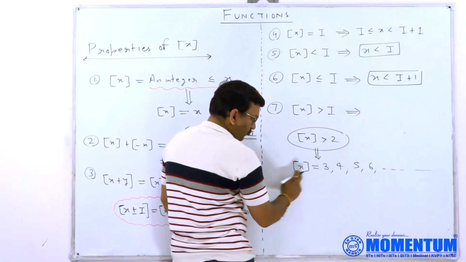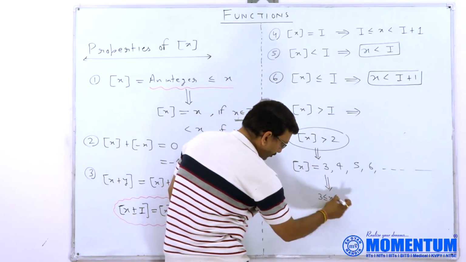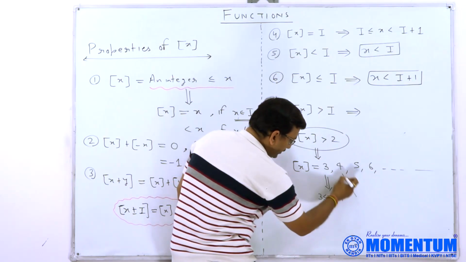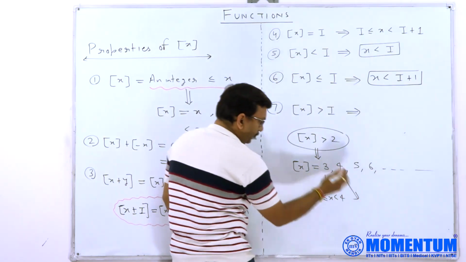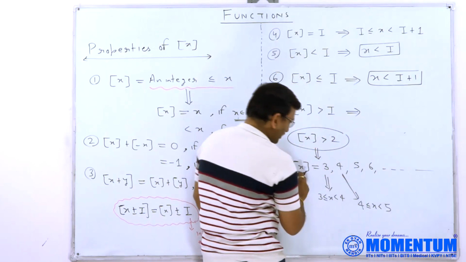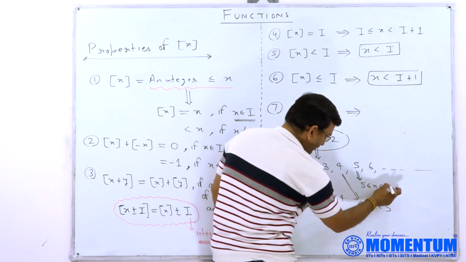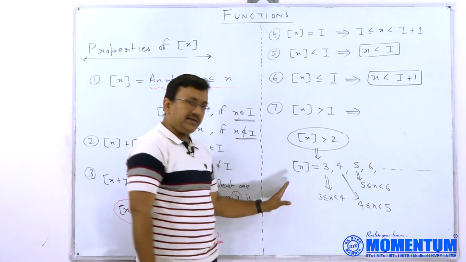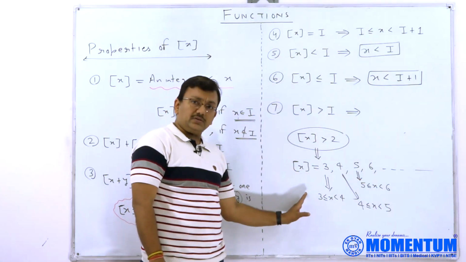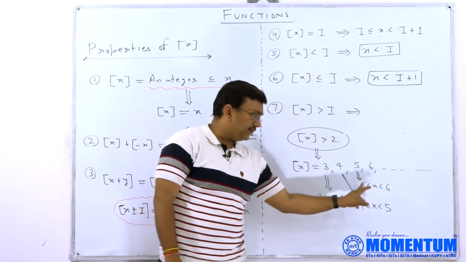Now, if square bracket is 3, so what about values of x? 3 to 4. Square bracket is 4. What about values of x? 4 to 5. Square bracket is 5. What about values of x? 5 to 6. So this time you can see we are getting the values greater than or equal to 3. 3 से 4 गए, 4 से 5 गए, 5 से 6 गए.